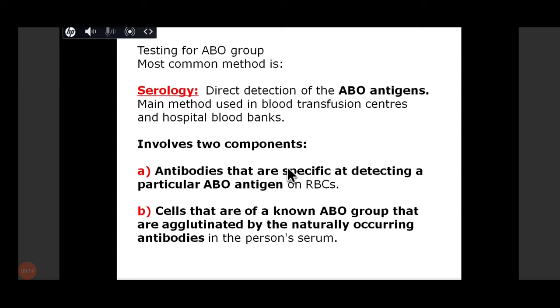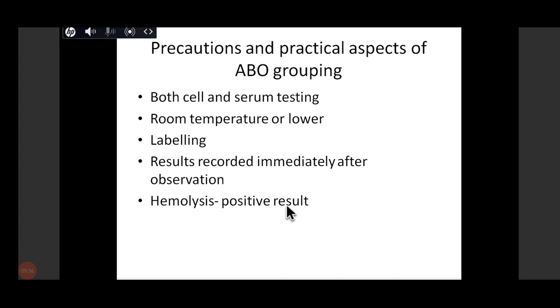In the blood bank, they have pooled red cells which are A, B, or O, and you react them with the serum of the patient to know what is the actual antibody present, because we know that the person with blood group A has antibody B.